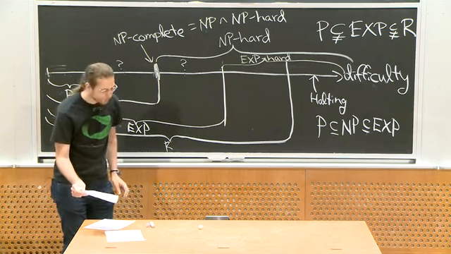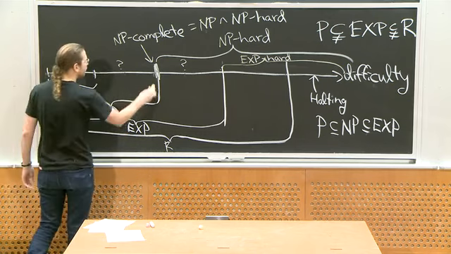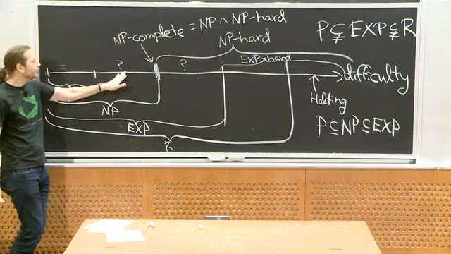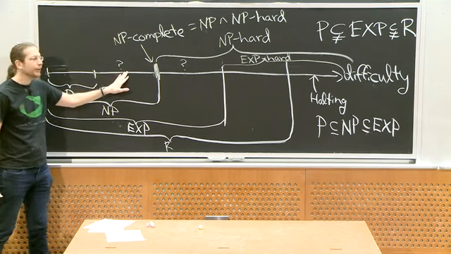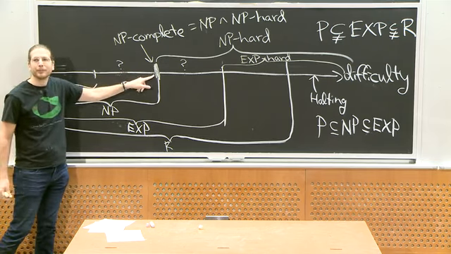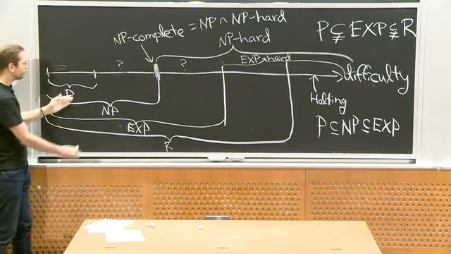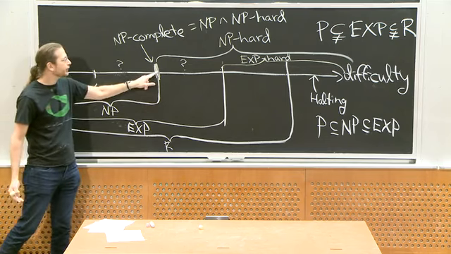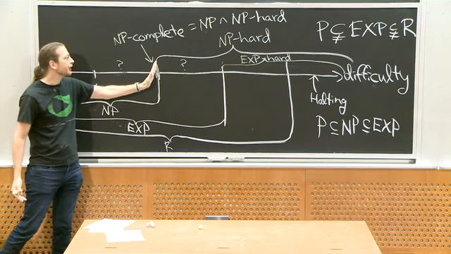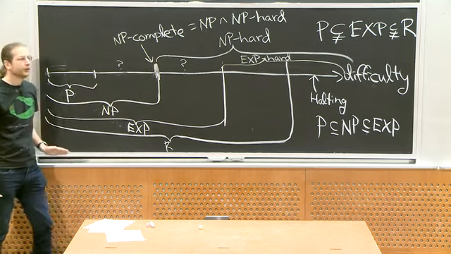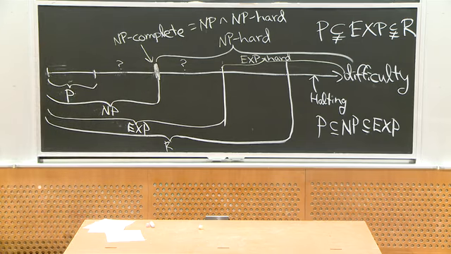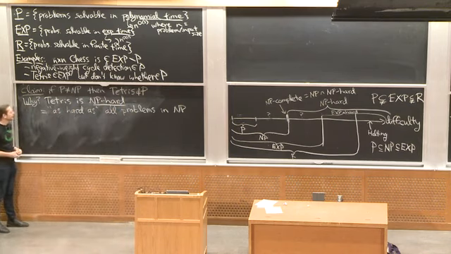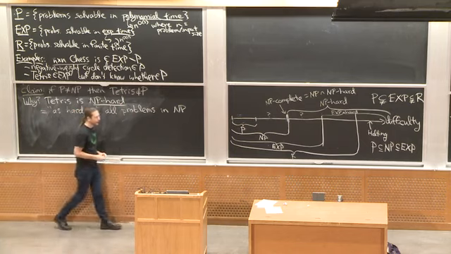Because these problems are the hardest problems in NP, if there's any problems here in between in NP minus P, then these must be among them. And so if you assume that P does not equal NP, as most people do, then you know that all problems at this rightmost extreme of NP, the hardest of the problems in NP, must not be in P. And that's why I can say if P does not equal NP, Tetris is not in P, and also any NP complete problem is not in P. OK.